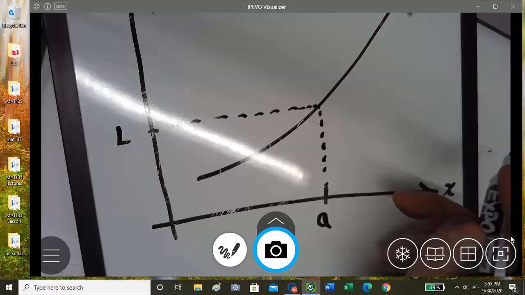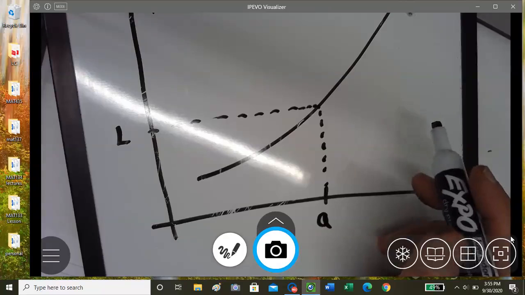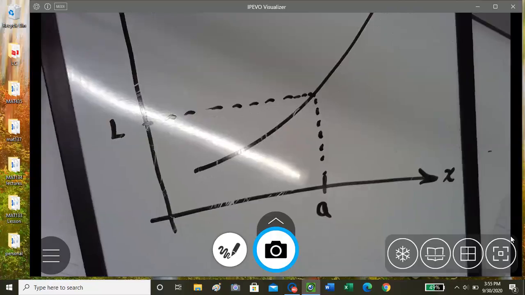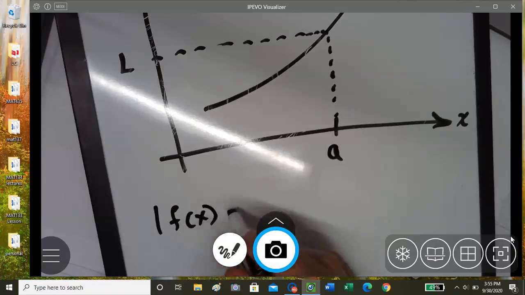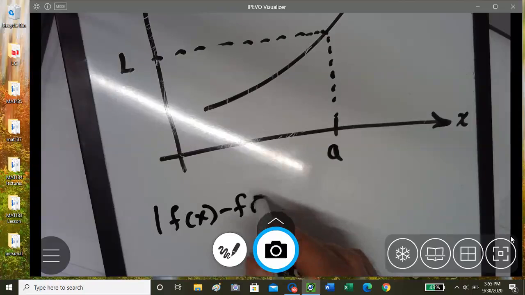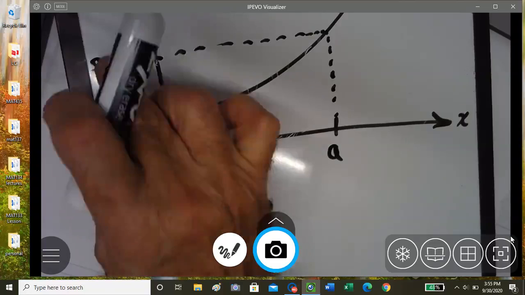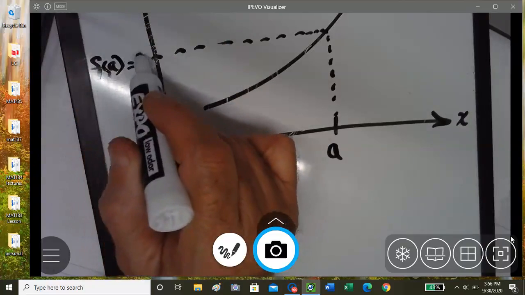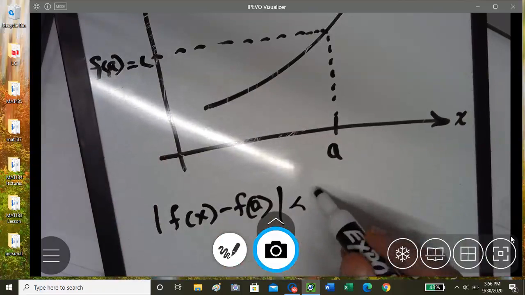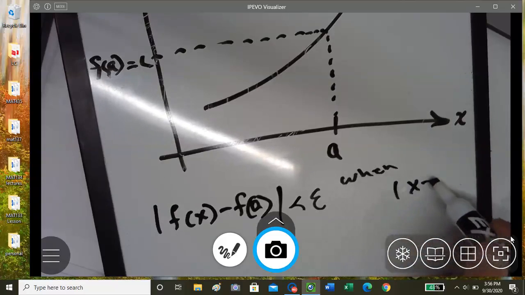What we're saying here is that the absolute value of f(x) minus f(a), where our limit would be the same thing as f(a) because that's our y value for a, is less than epsilon whenever |x minus a| is less than some number delta.